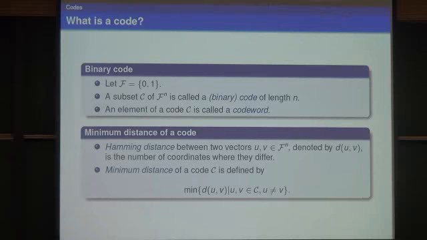An element of a code is called a code word. The distance between two code words is the number of coordinates where they differ. And the minimum distance is the minimum distance between any two different code words.